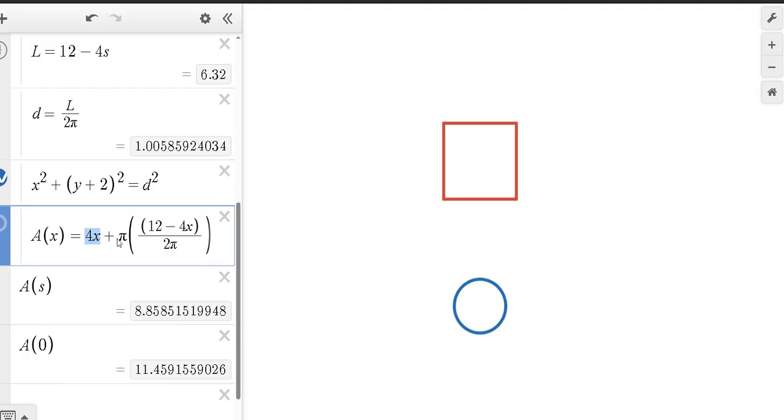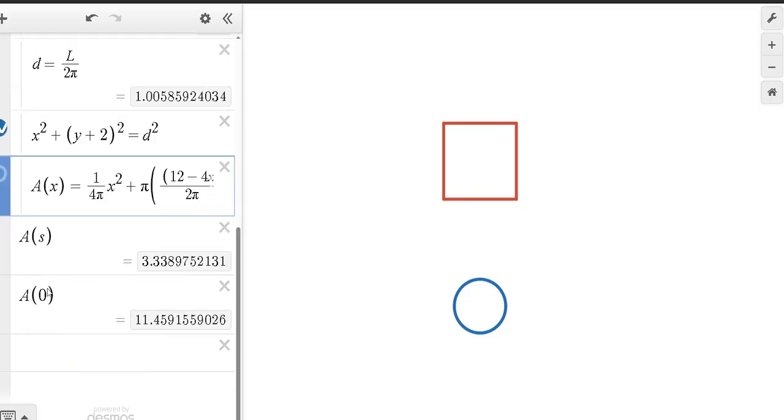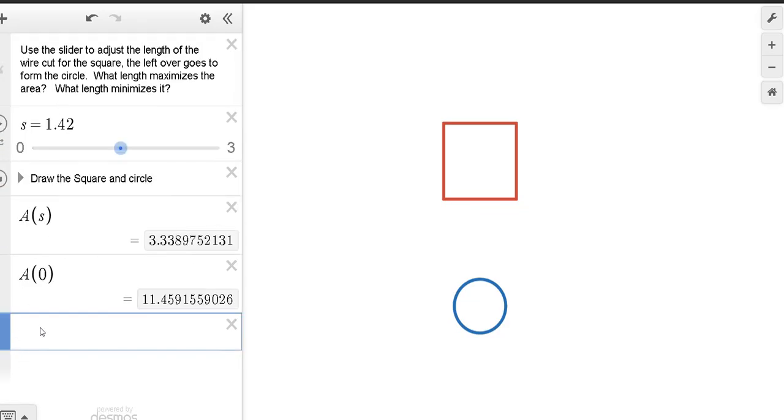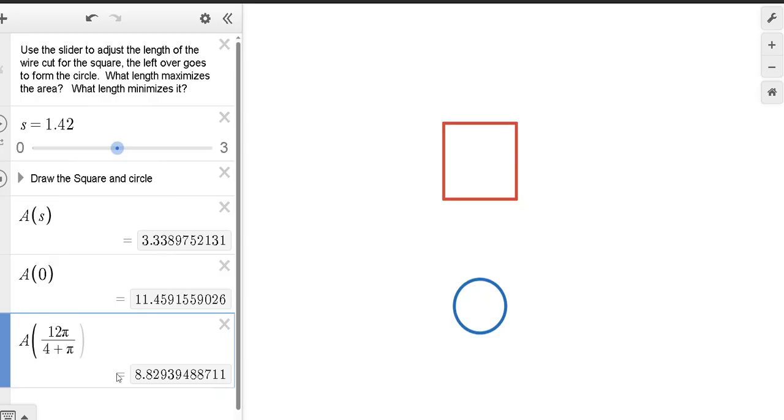This should be 1 divided by 4 pi and then x squared. Okay, that matches things up. So let's do A of 12 pi divided by 4 plus pi. There you go. It's approximately 8.829.